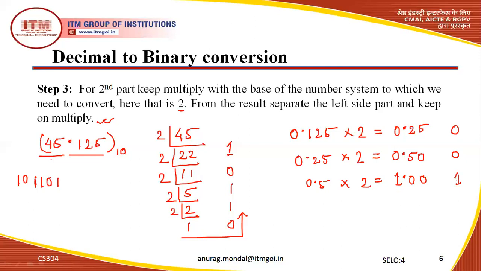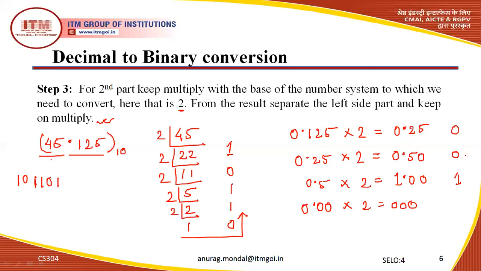And if 1 is separated, we have remaining what? 0.00. So whatever we multiply with 0.00, we have only the 0 value. So we just stop multiplying. So what we have? 001. So 0.125 is nothing but the binary equivalent of 001.